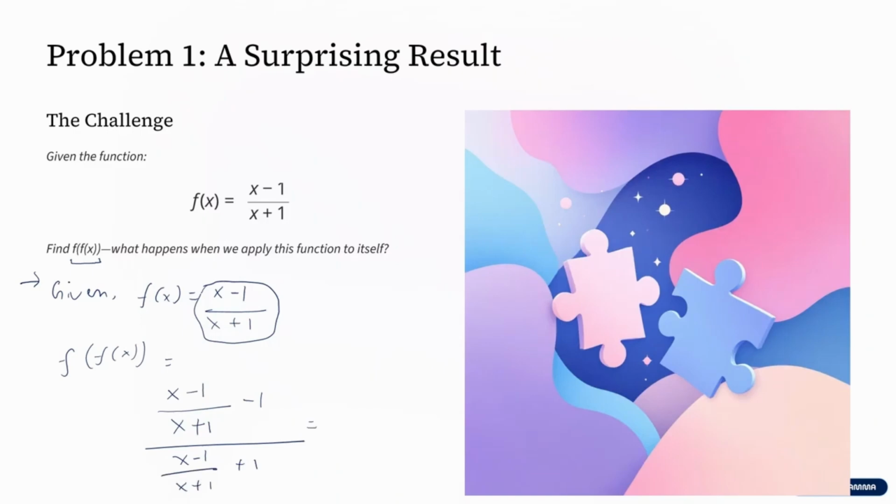On simplifying, you can write it as ((x - 1) - (x + 1))/(x + 1) in the numerator, and in the denominator ((x - 1) + (x + 1))/(x + 1). You can see that this denominator and this denominator get cancelled.